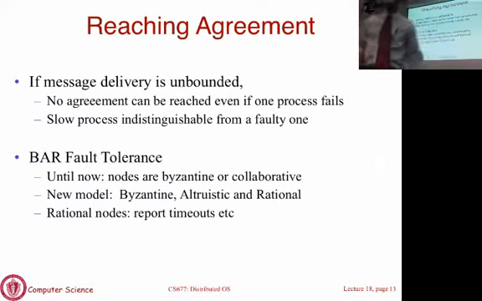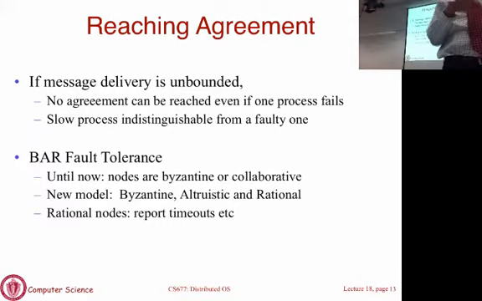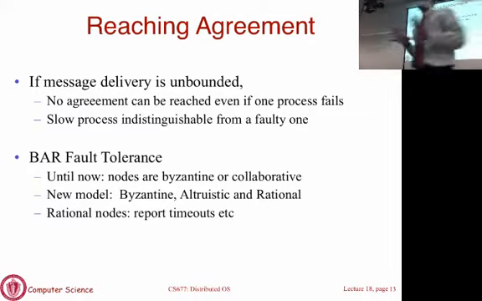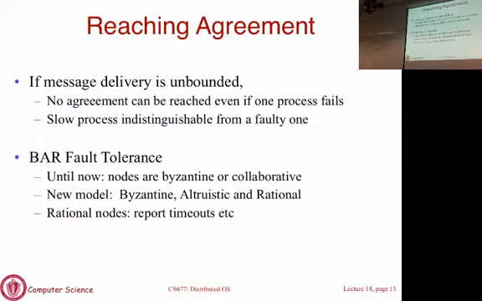Okay, so this whole notion of agreement is an interesting question. We'll keep coming back to this. So when we talk about distributed commit next time as well as Paxos, these are all protocols designed to reach agreement. Okay? They make different assumptions about what kinds of faults can occur.